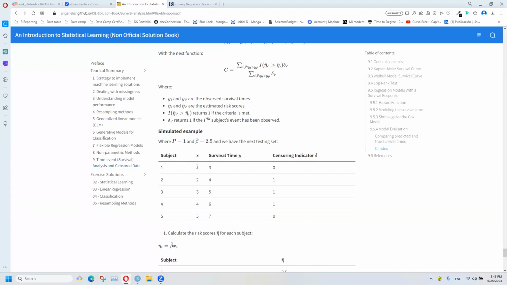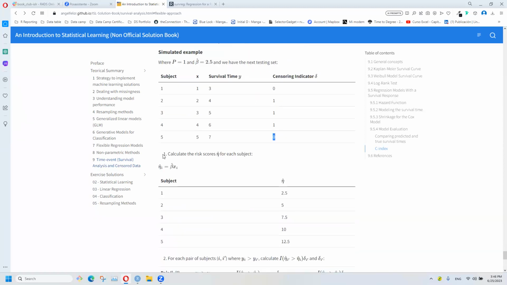We have our predicted X: 1, 2, 3, 4, 5. That's our predicted value. And the survival time would be 3, 4, 5. The X is always increasing, the survival time is always increasing, and we have two censored dates.